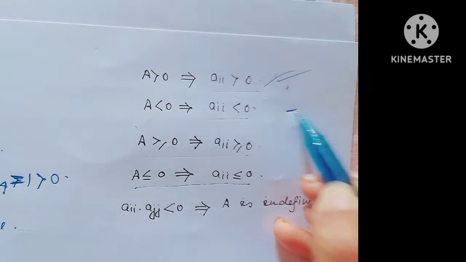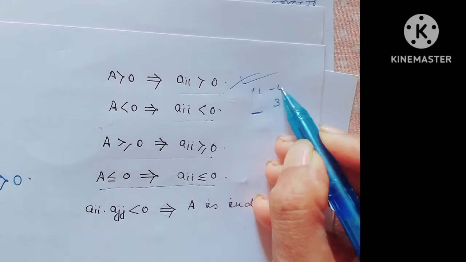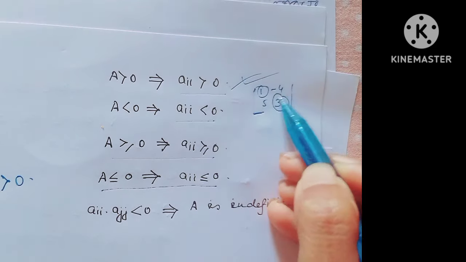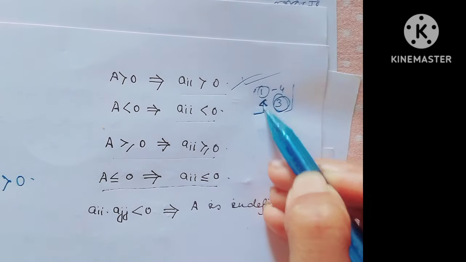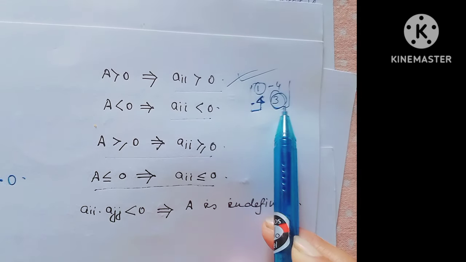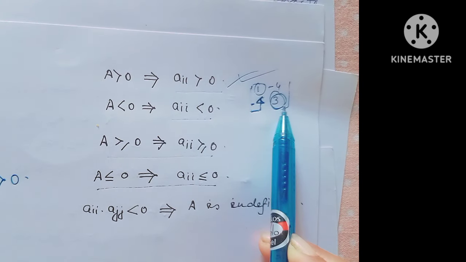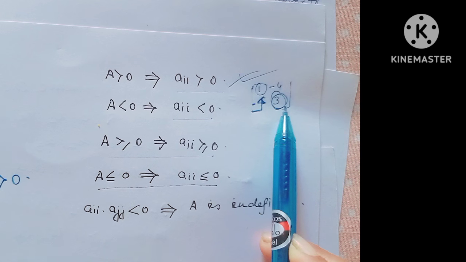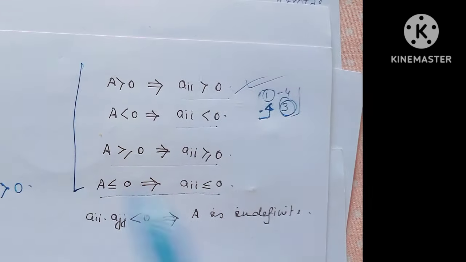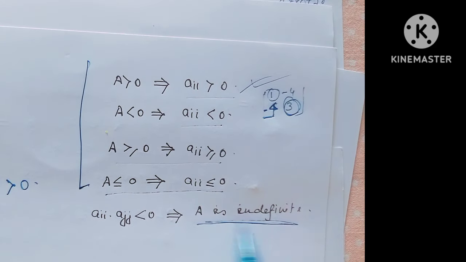When the matrix is given like this, with entries 1, 3, minus 4, 5, then we cannot tell, since the diagonal entries are positive, whether the matrix is positive definite or not. The converse need not be true for all results.